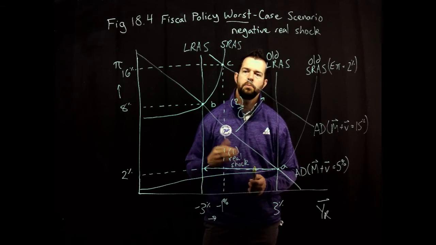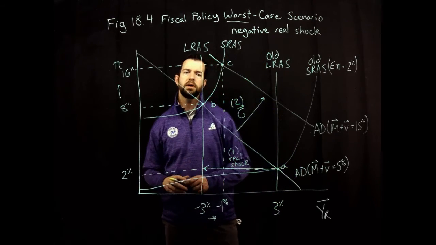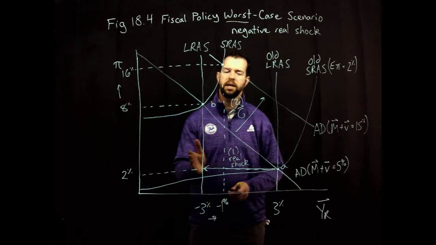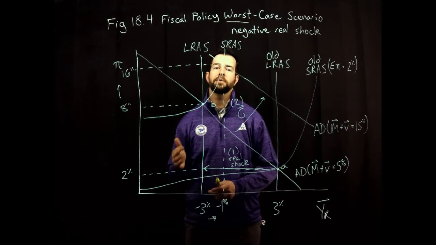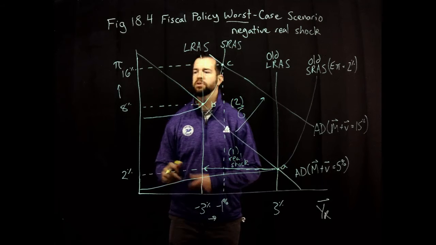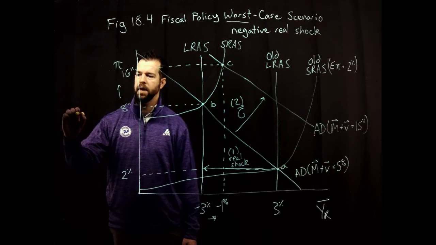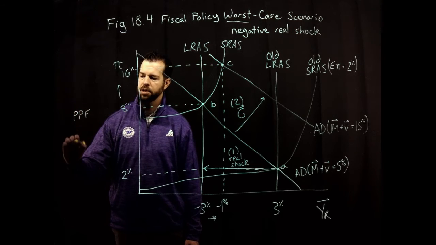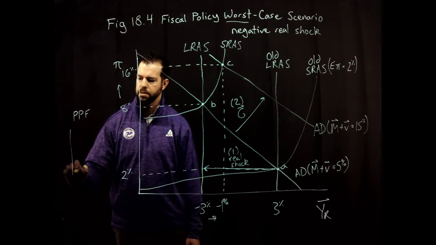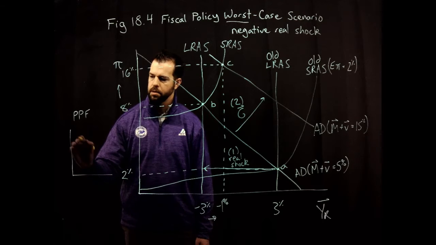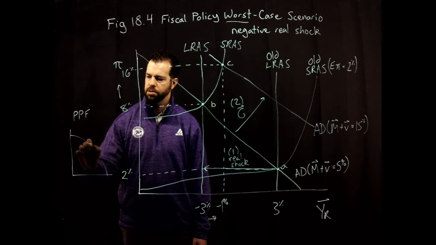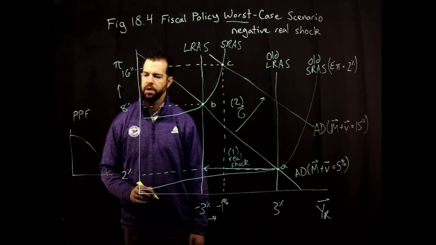Okay, but the economy is less efficient. So when you have a negative real shock, the economy has become less efficient. So if you think in terms of our old friend, the PPF, our production possibilities frontier, our entire PPF has shifted in, okay?